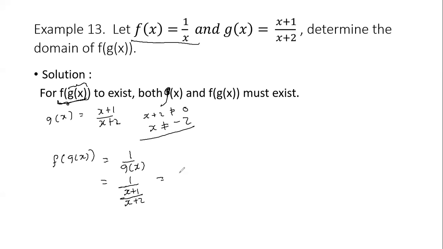By flipping this, we get (x plus 2) over (x plus 1). Now, what's the domain of this? Again, the restriction is that the denominator should not equal 0. X plus 1 should not equal 0. So x should not equal negative 1.